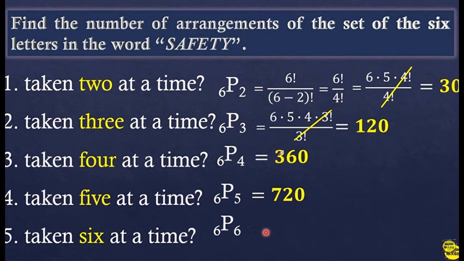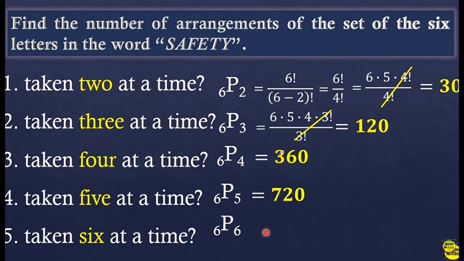Okay. So we have here, find the number of arrangements of the set of the 6 letters in the word safety. So if we have here safety, we are actually trying to arrange the set of the 6 letters na safety. So what if we have number 1 taken 2 at a time? So pila ka letters ang naa sa safety, natay unom.